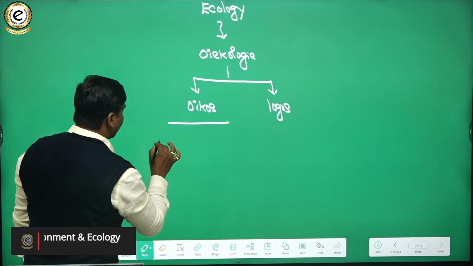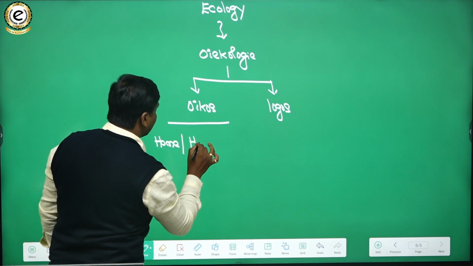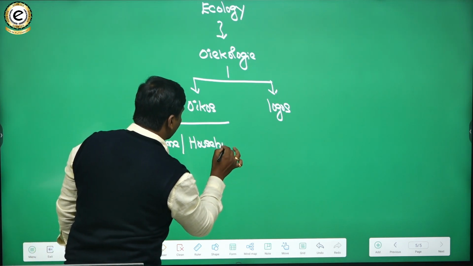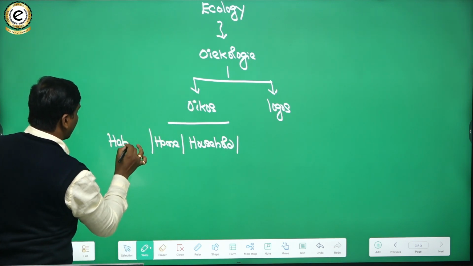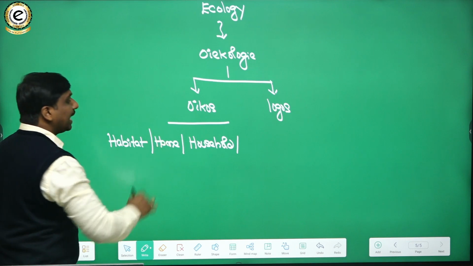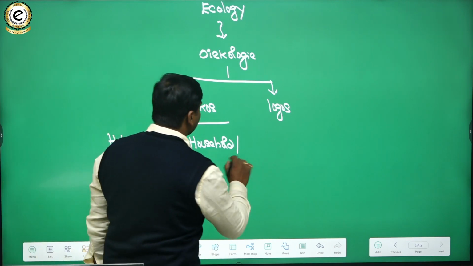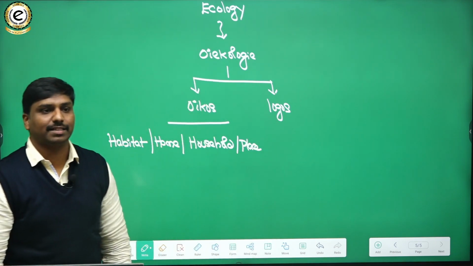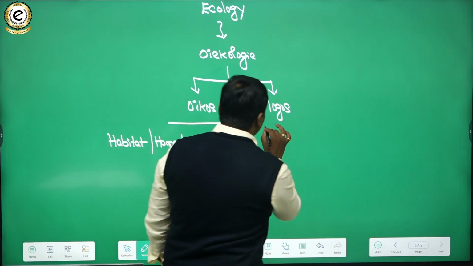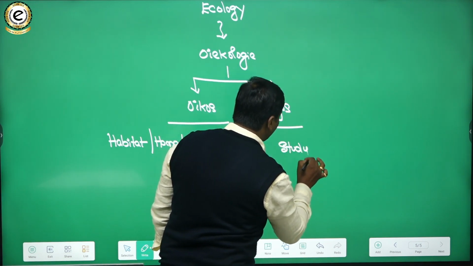Yes, good. It is nothing but home, or the household, or the habitat, or the place of living of an organism. And logos usually refers to study or study of.